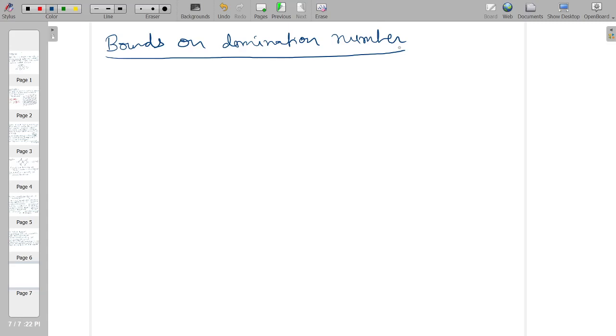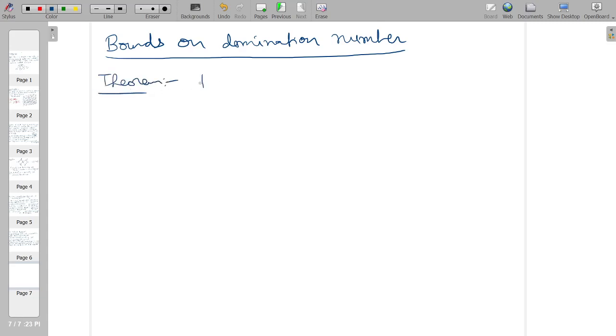Obviously the bounds are n and 1, but here I will try to find a bound which is better than 1 and n. So this I will prove using a theorem.